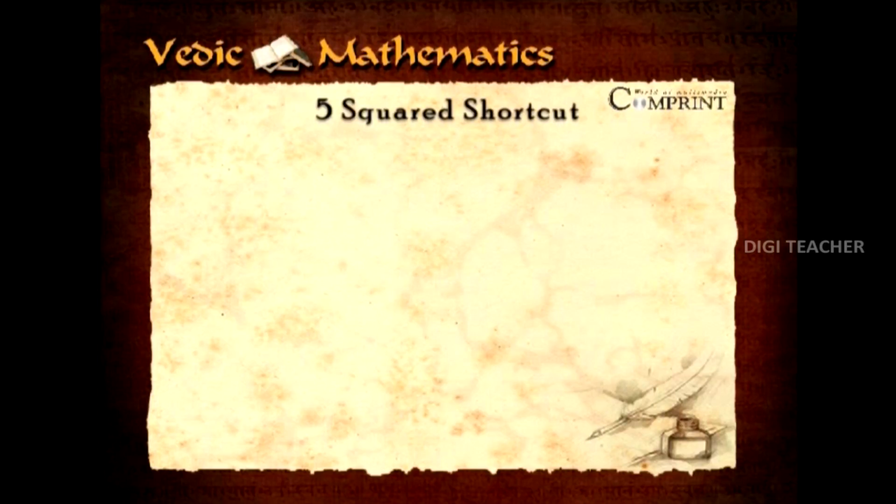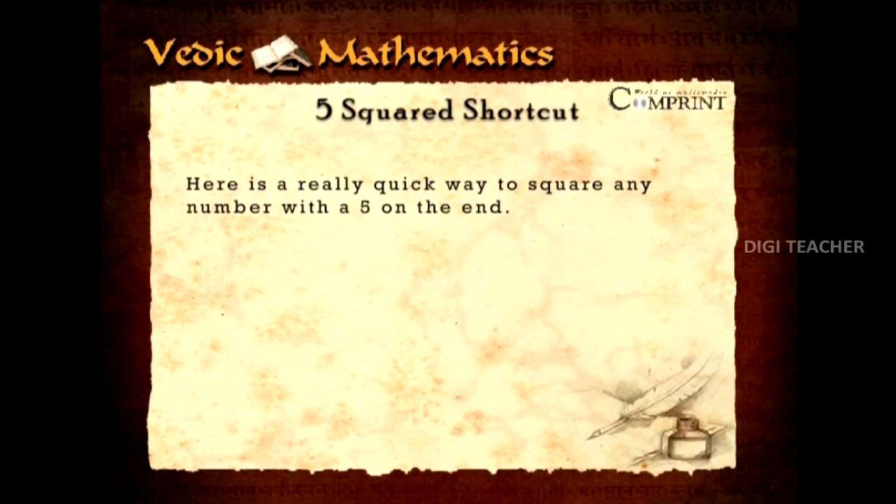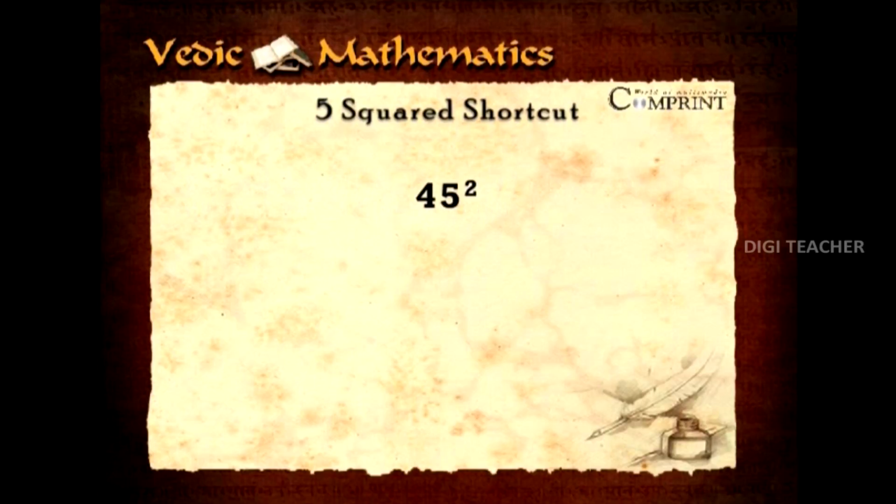Squared shortcut. Here is a really quick way to square any number with a 5 on the end. Let's take 45 squared. Okay, so what you have to do is split up the numbers, giving you 4 and 5 squared. Forget about the 5 squared for the moment and do this. Always add 1, adding 1 to the 4, so we get 5.